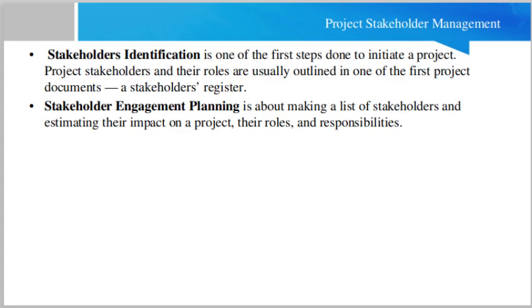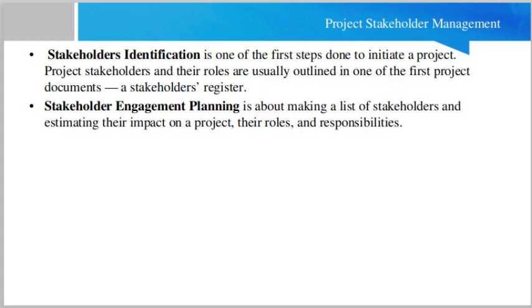All these things we have to define in the stakeholder register. That is called stakeholder identification. The main process is that we have to identify the stakeholder: this stakeholder is very powerful, this stakeholder is not so powerful, this stakeholder has a positive interest, this stakeholder has a negative interest. So first things first, we have to identify the stakeholders.